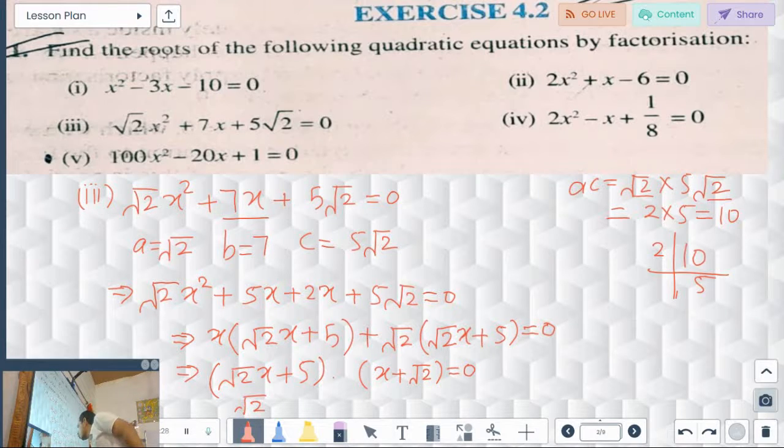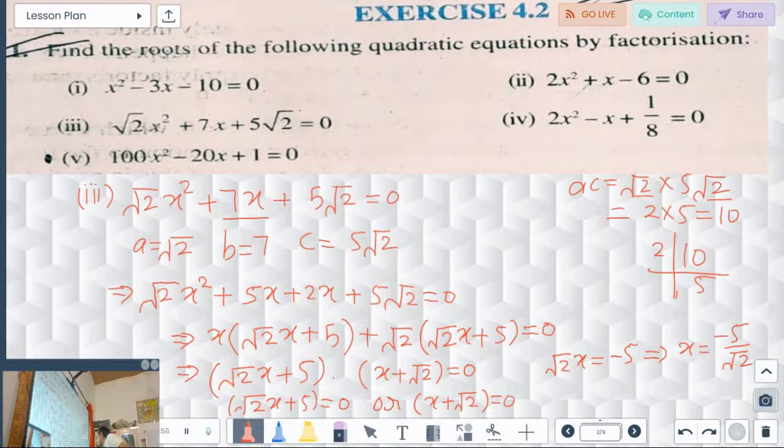Root 2 x plus 5 equal to 0 or x plus root 2 equal to 0. Now root 2 x equal to minus 5, so x equal to minus 5 upon root 2.